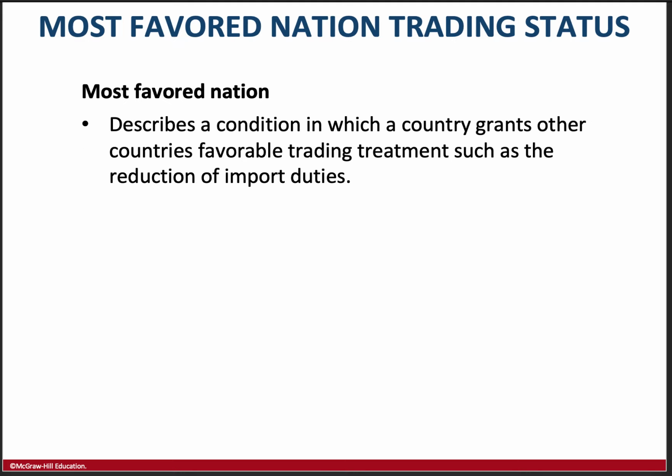Now, when we look at the most favored nation trading status, that really describes a condition where your country grants other countries a favorable agreement and treatment, such as they'll reduce the import duties. And so this is something that is in addition to, or excluded of, if you come together in a trading bloc, this is something extra.